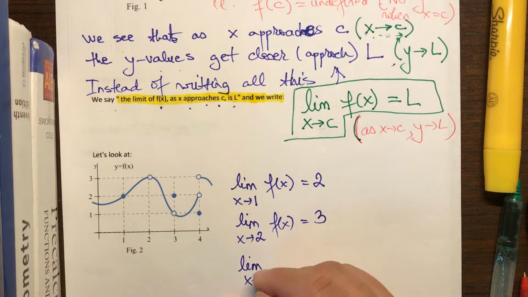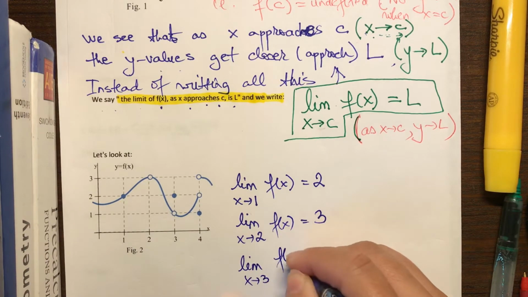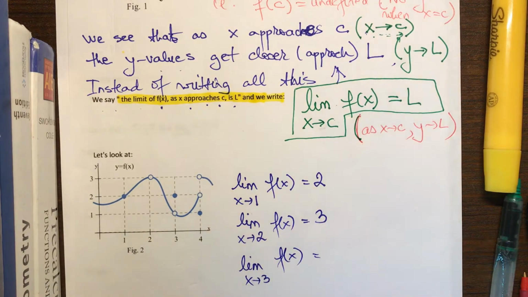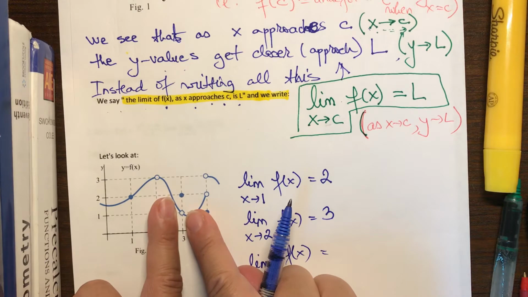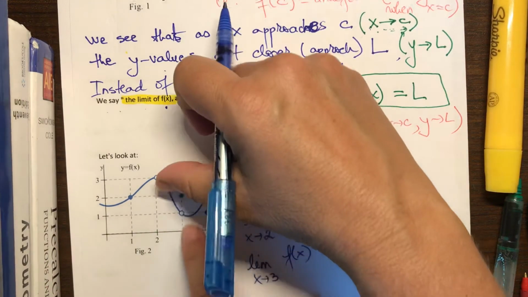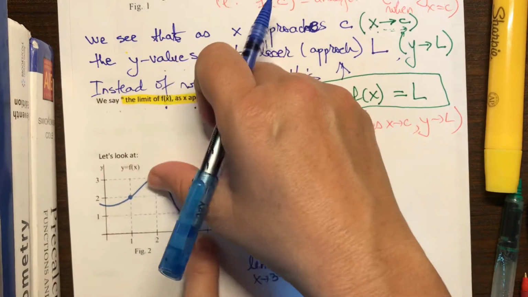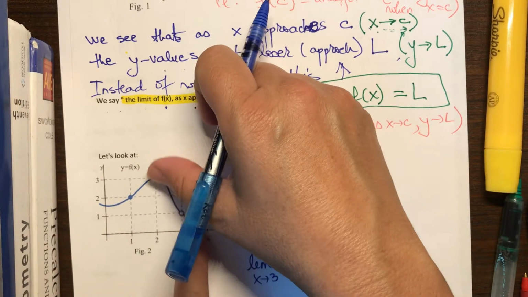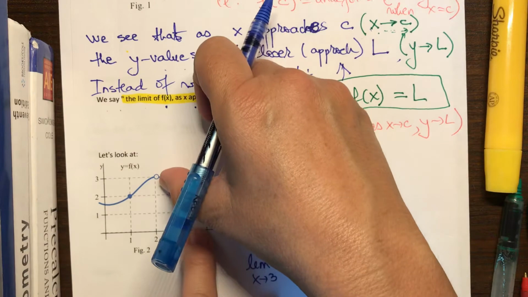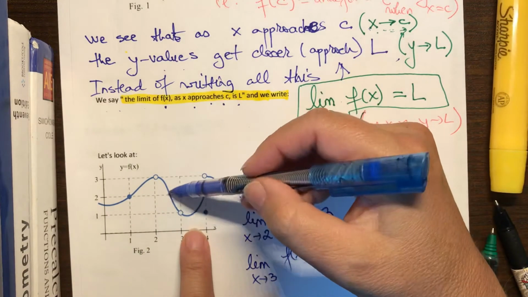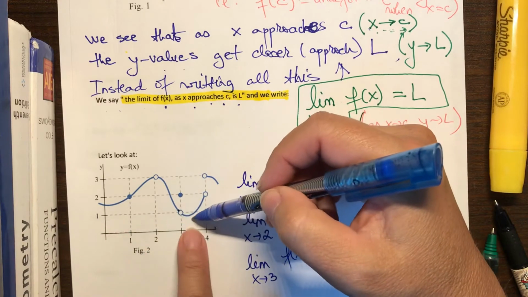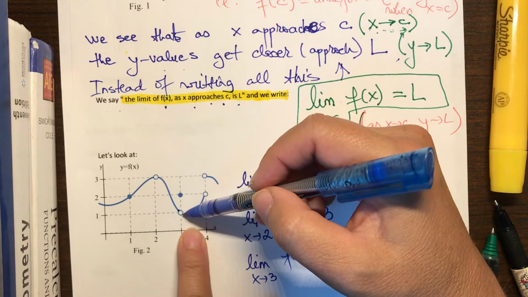Okay. All right, what is the limit, moving on, as x approaches 3? Same thing, look at the graph. Go a little faster now. I'm getting closer and closer to the value 3, yes. Now what do the y values get closer and closer to? As I'm looking vertically at the y values along the y-axis, I see the graph pushing down towards 1. From down here, it's pushing up towards 1.